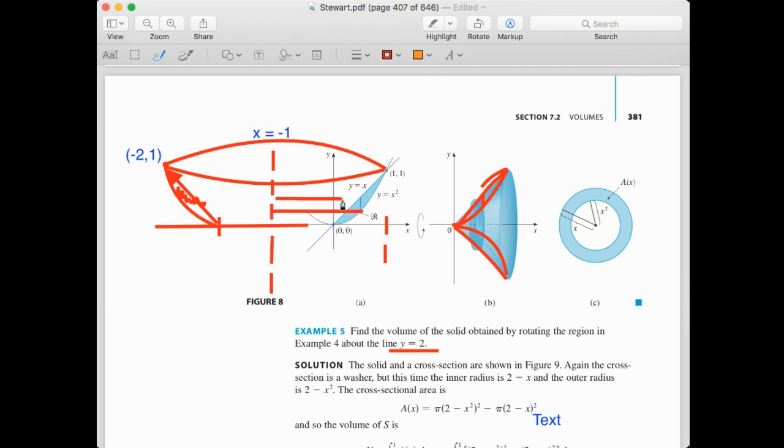Small r is from -1 up to this straight line, right? So that's the inner radius, the small radius. The setup is still the same. So here you see the circles are horizontal circles. Horizontal circles, we want to cut along y.